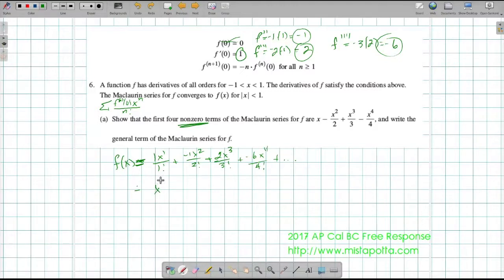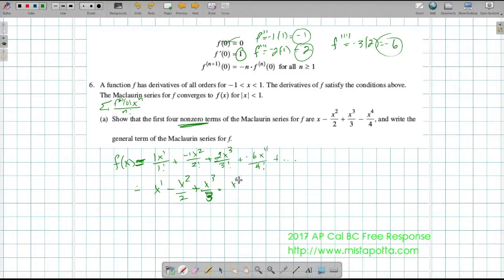So I really have x to the first minus x squared over 2 plus x cubed over 3, because that's 3 factorial, which is 6, divided by 2 is 3.